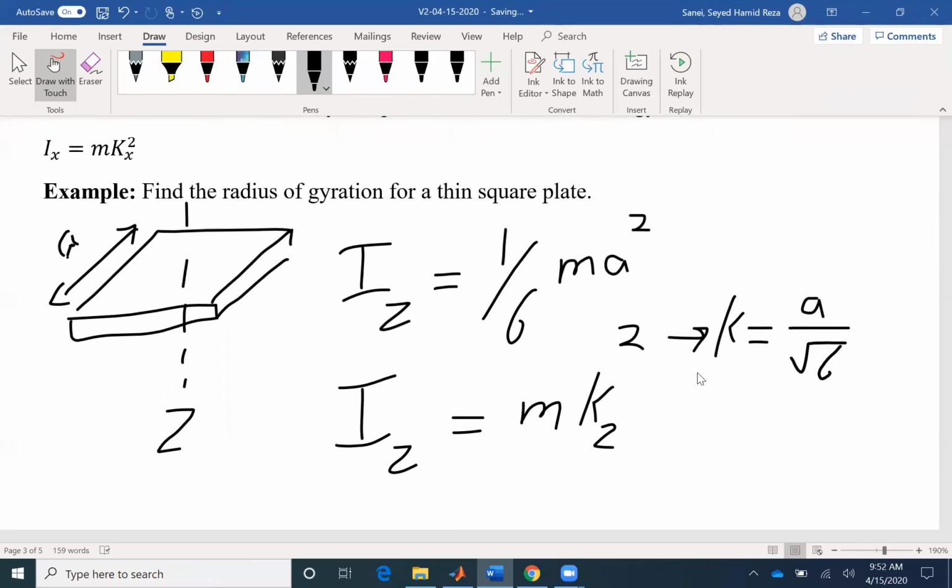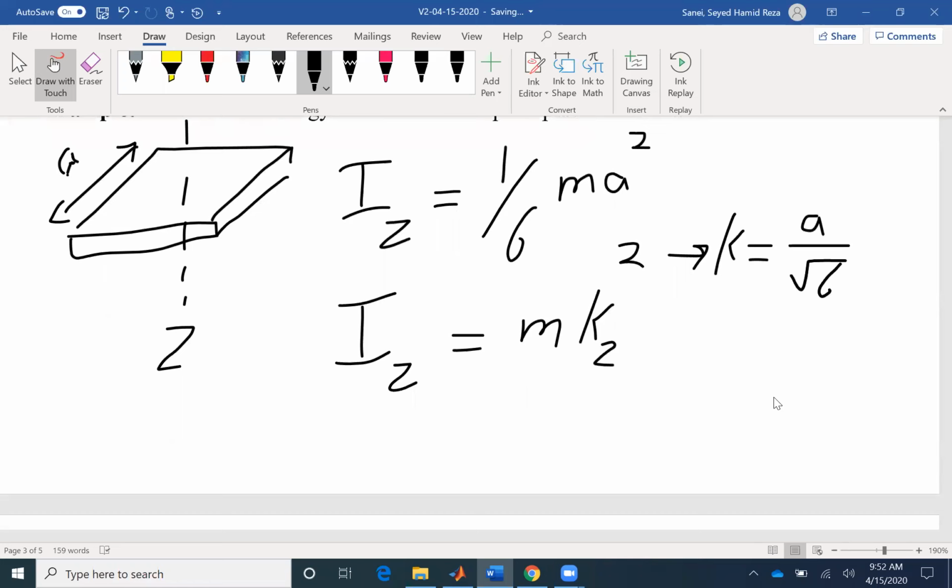For a thin square plate, we have k as a over the square root of 6. You can find the radius of gyration for different objects as well. One thing that you need to pay attention to is that the same way we have different moments of inertia about different axes, we have different radii of gyration for different axes as well.